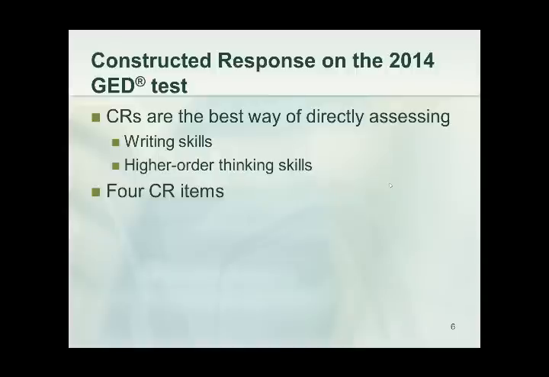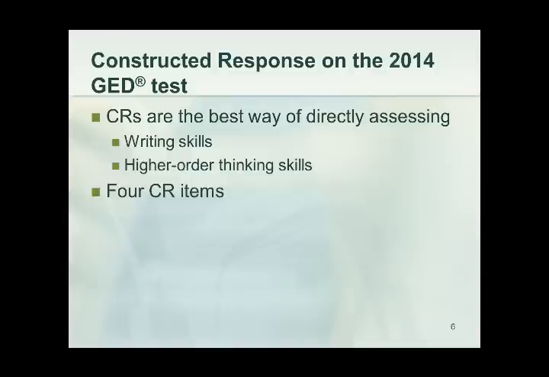So the couple things that you need to be aware of as we're going through. Constructed responses are a much better way of directly assessing students' writing skills, and not only that, but their thinking skills. How do they problem solve, and not just problem solve in math, as we always talk about, but how do they think through problems and resolve those issues?